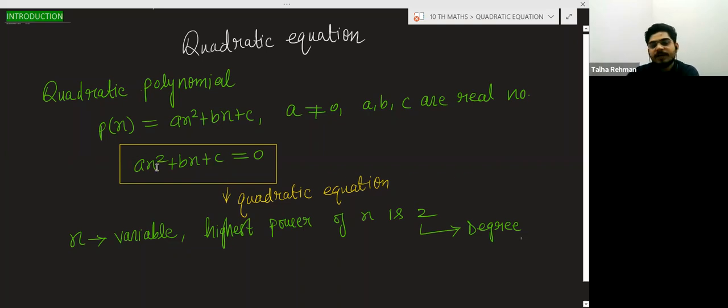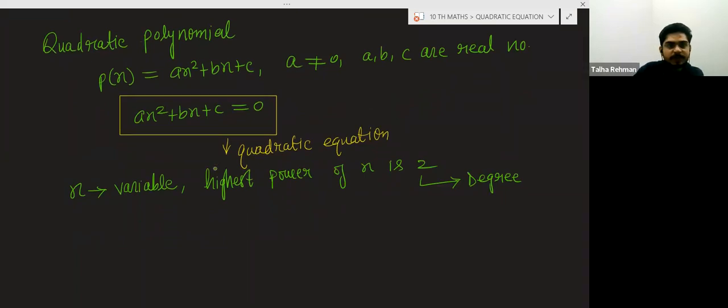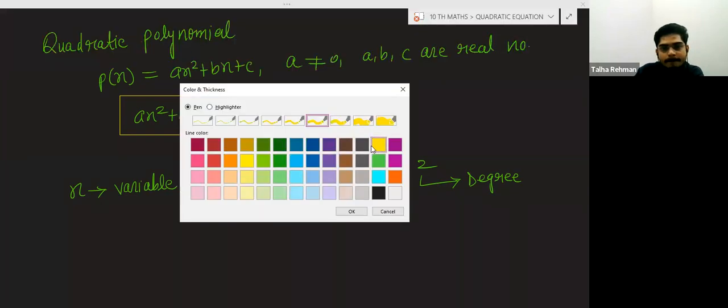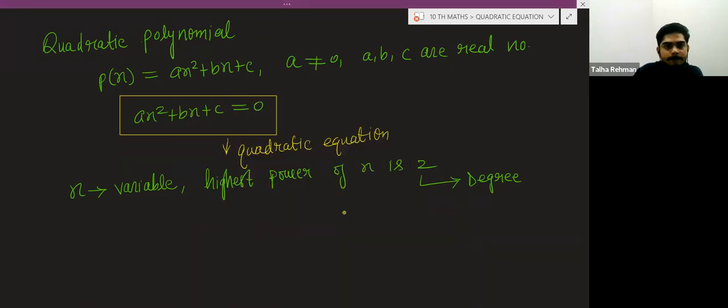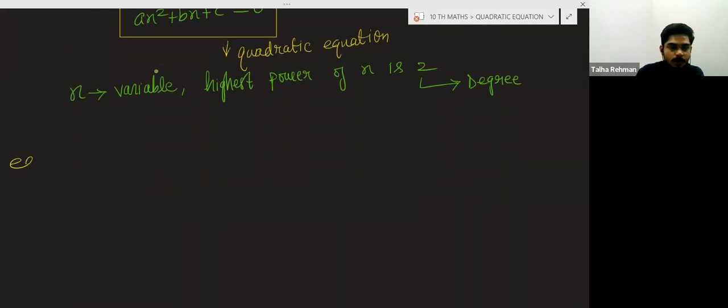ax square plus bx plus c. For example, we can take an example: a is equal to 2 suppose, b is equal to minus 3 suppose, and c is equal to 4 suppose.